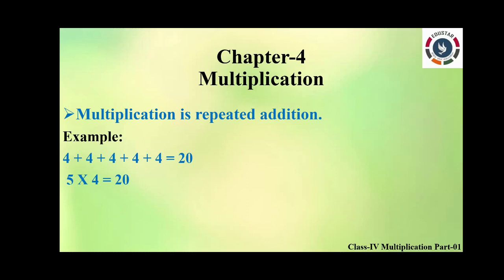Yes, 5 times. In multiplication, we can do this 5 times of 4, which is equal to 20. Here 4 and 5 are called factors. The answer 20 is called product.